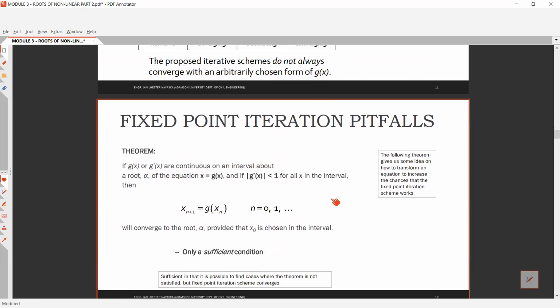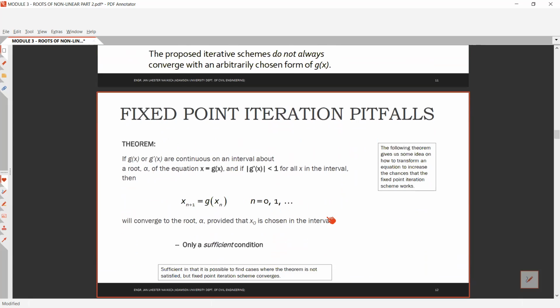If g of x and g prime of x are continuous on an interval about a root of the equation, and if the absolute value of g prime of x is less than 1 for all x in the interval, then the iteration scheme will converge to a root, provided that x sub 0 is chosen in the interval.